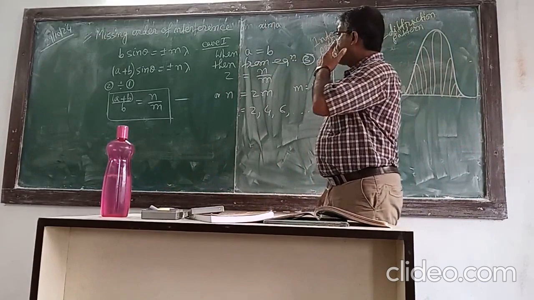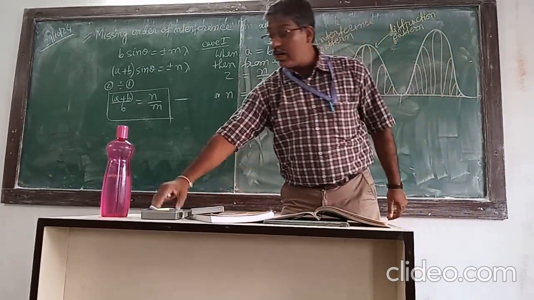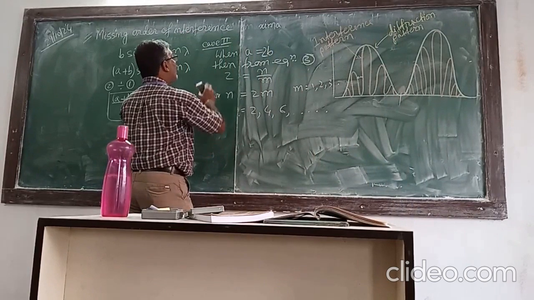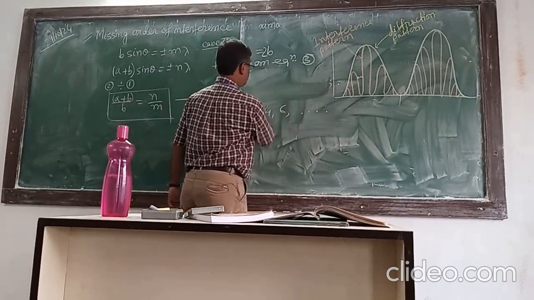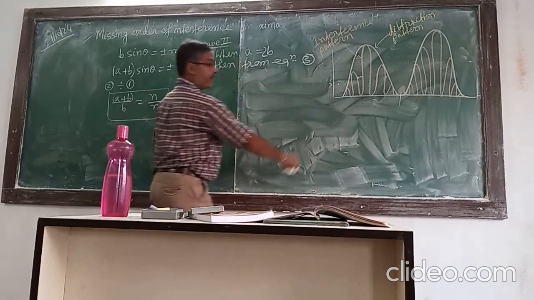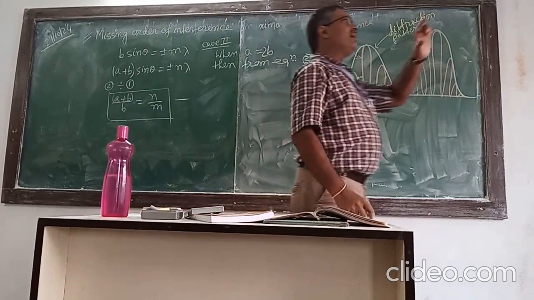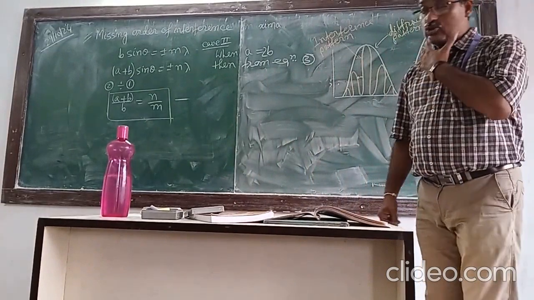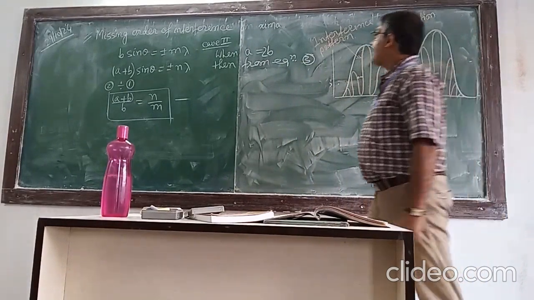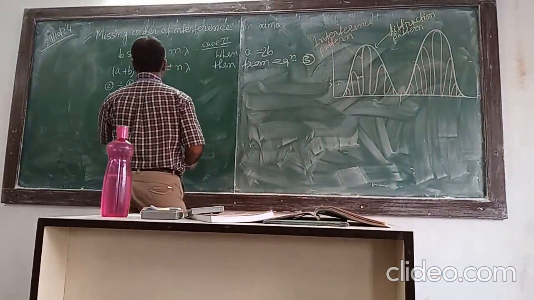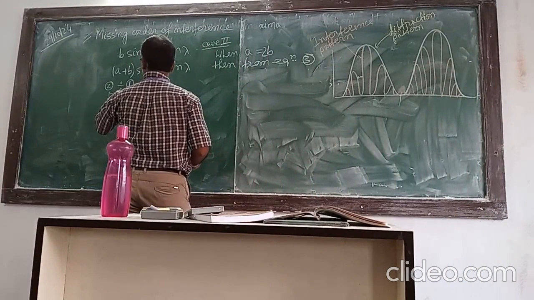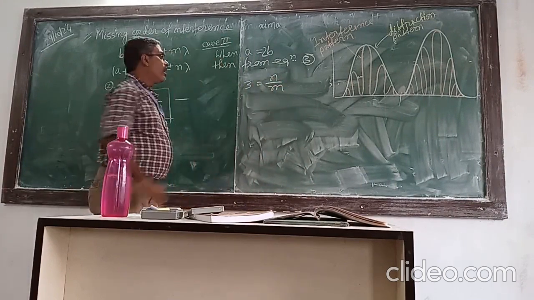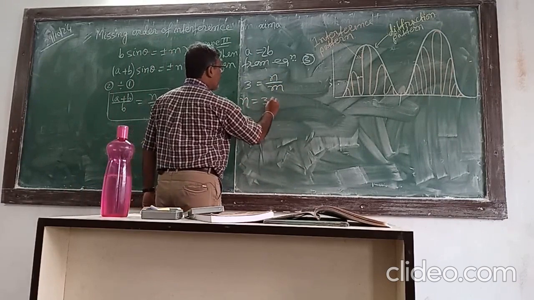Case 2. When A equals 2B. That means the distance between the slits is double the slit width. Then A plus B by B is 3, equal to N by M, or N equals 3M.